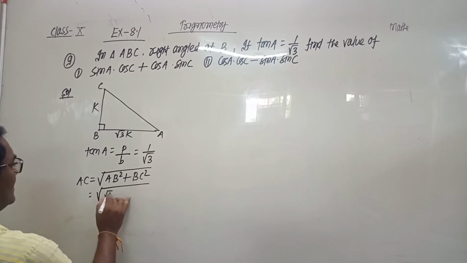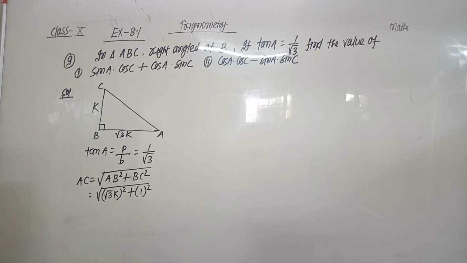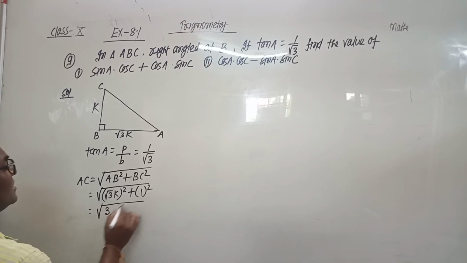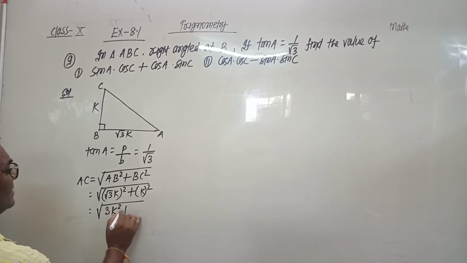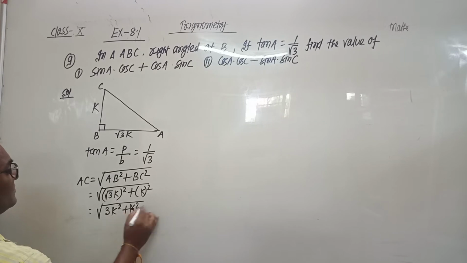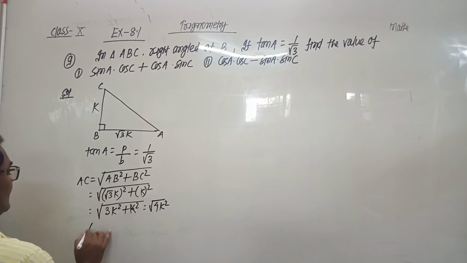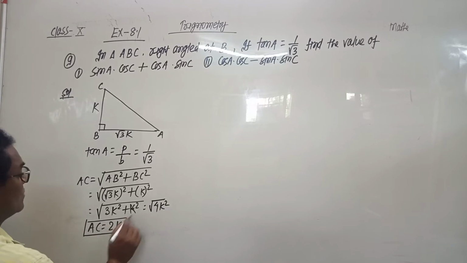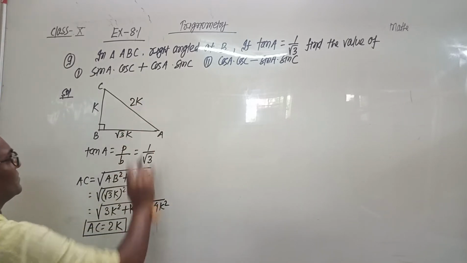So AB is root 3k the whole square, and BC is k, so we get 3k square plus k square, which gives root 4k square, and the value of AC will be 2k. The square root of 4 is 2 and the square root of k square is k.